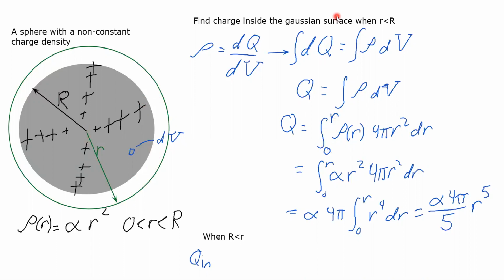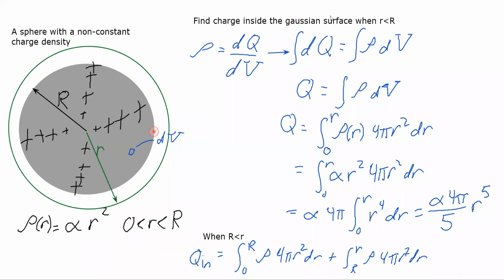You could split it up into 0 to capital R and capital R to lowercase r. Let me show you what I mean. Integral from 0 to capital R, because that has a density, times 4 pi r squared dr, plus the integral from capital R to lowercase r, which would be this space right there, of density times 4 pi r squared dr. Now, what is your density here?